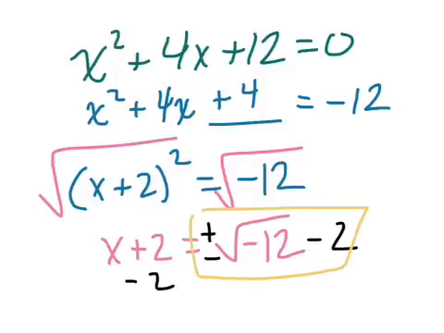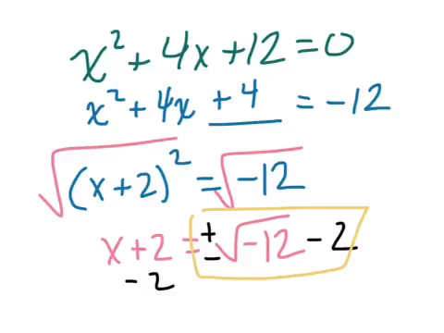the square root of negative 12 minus 2. So let's use what we know about imaginary numbers to continue to simplify this. So again, we've got plus or minus the square root of negative 12 minus 2.